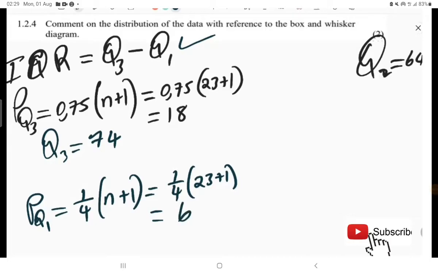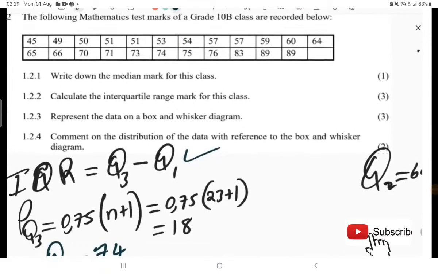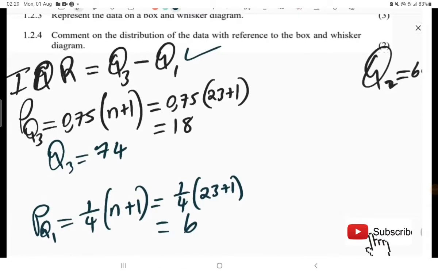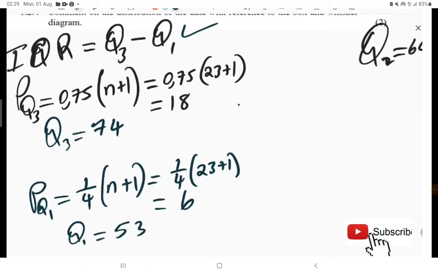So we go to our data: 1, 2, 3, 4, 5, 6. So we have 53 as Q1. So now if you are to find the interquartile range, it's going to be Q3, which is 74.